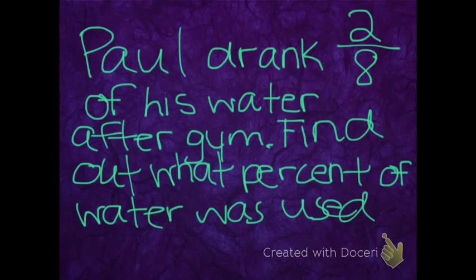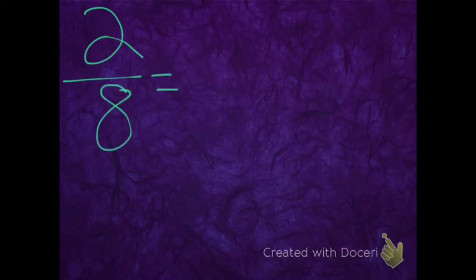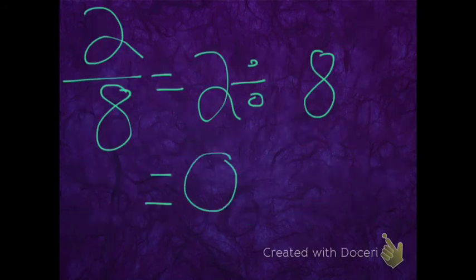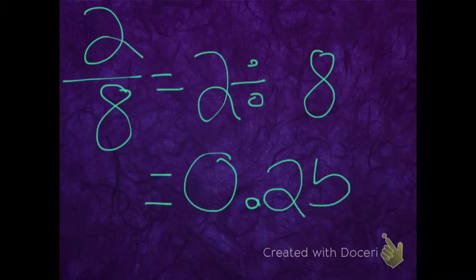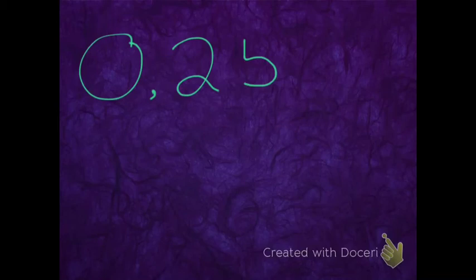Okay, so what was the problem again? Oh, okay, so 2/8. And what would you do? Divide 2 divided by 8. Numerator divided by the denominator. And 2 divided by 8 equals 0.25. So 0.25. And what you would do again is that you would move it over 2 places.